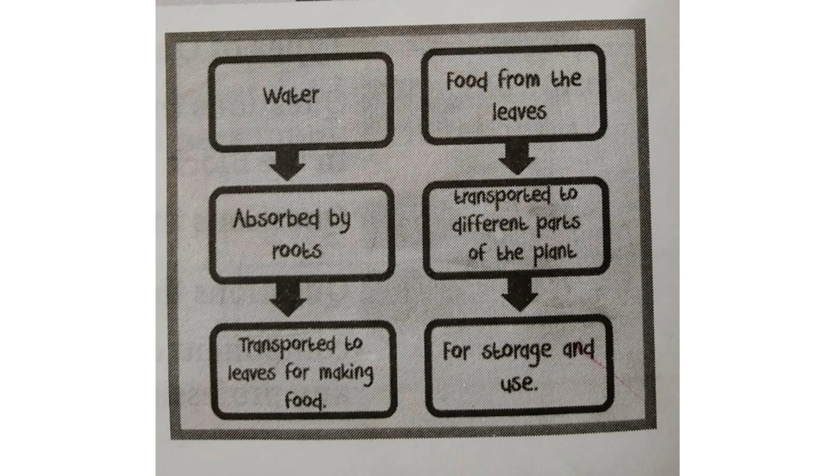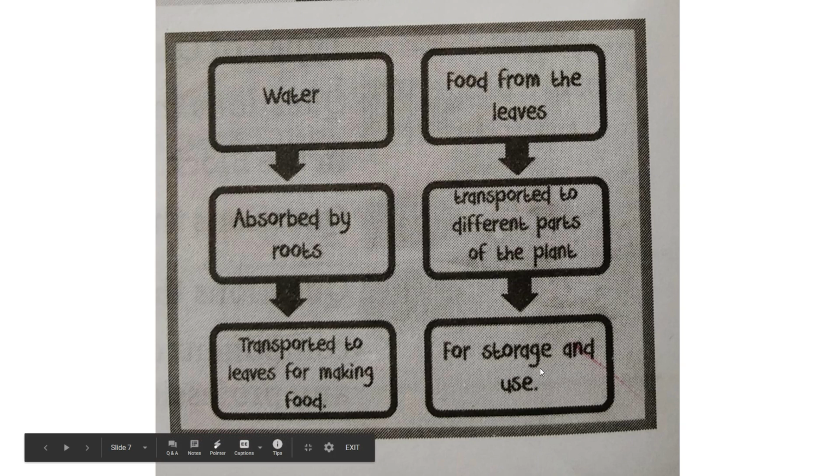And here, food from the leaves. As we know, photosynthesis happens in leaves. Leaves are the kitchen of the plant because they have chlorophyll, and chlorophyll is necessary for photosynthesis. So food from the leaves is transported to different parts of the plant, right, for storage and use.